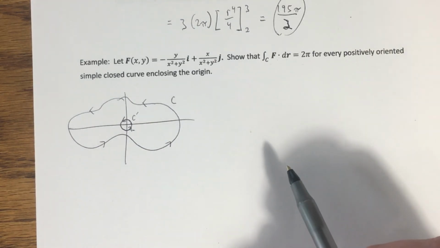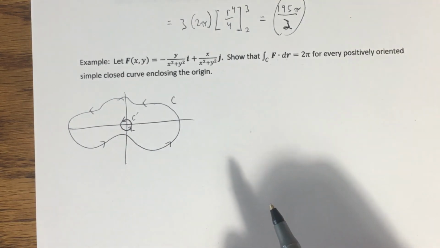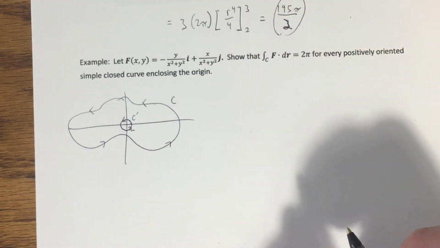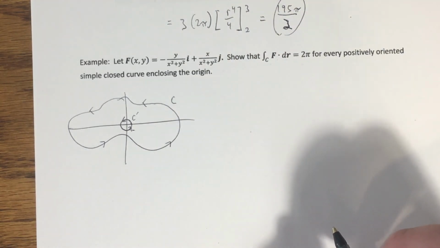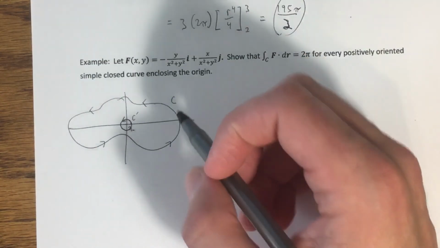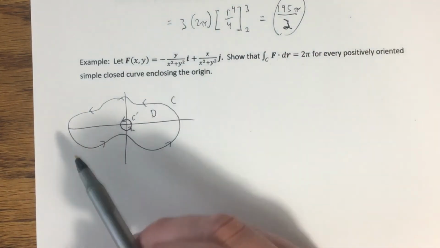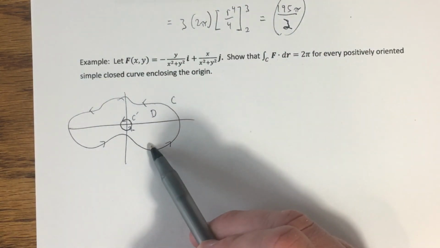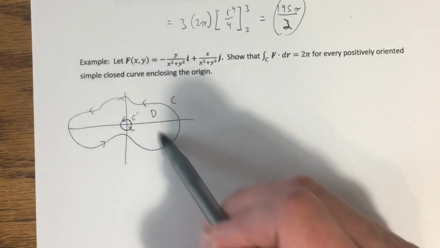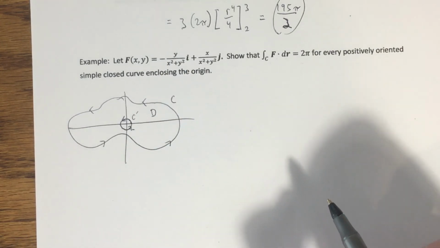Okay, but let's set up the line integral. Notice if I were to call this region right here D, so this region that's enclosed by C, and then C prime kind of punches a little hole out of that.